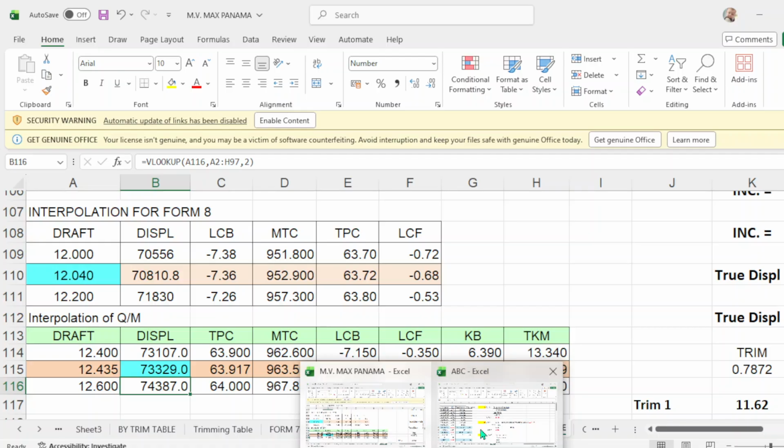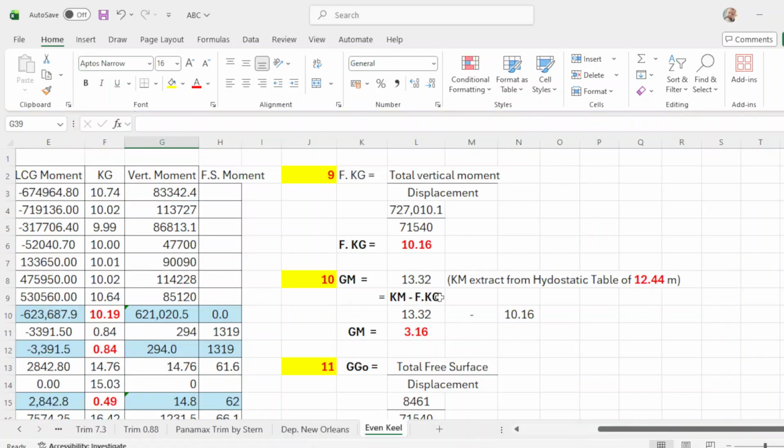Your KM is 13.32. Okay, so GM equals KM minus final KG, which is 13.32 minus your final KG of 10.16, this one. Then your GM is 3.16.